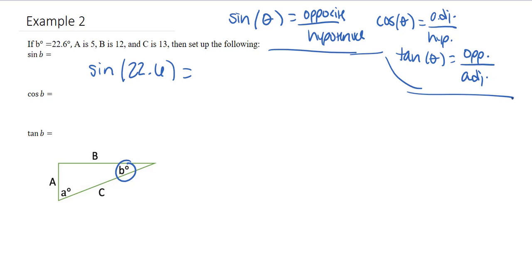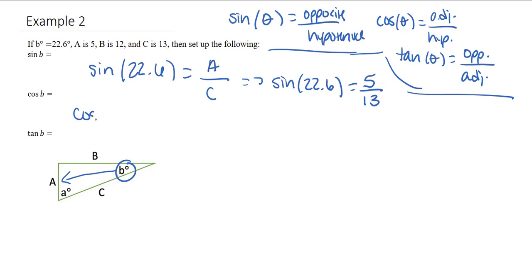Now, the sine of 22.6 is equal to, so this one was opposite. Opposite is going to be A, over the hypotenuse, which is C. If A is equal to 5 and C is equal to 13, this becomes sine of 22.6 equals 5 over 13. Now let's go over cosine.